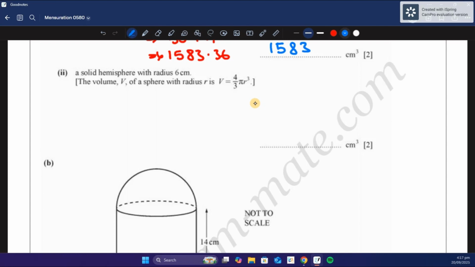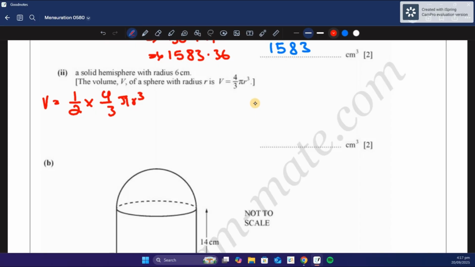So what we can do is divide the whole formula of volume by 2. That would give us the volume of the hemisphere. That would mean volume is equal to 1 over 2 into this whole formula, 4 over 3 pi R cubed.